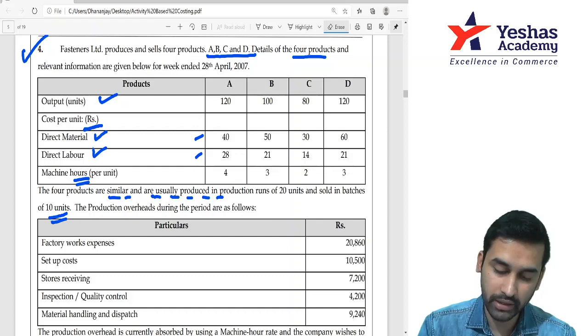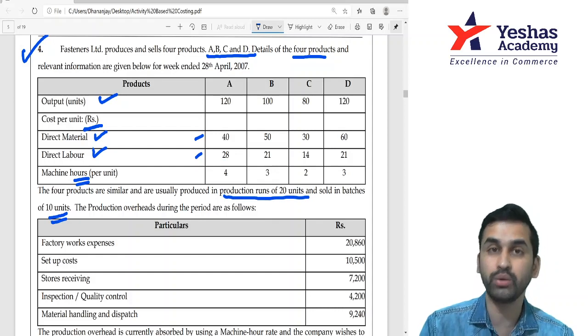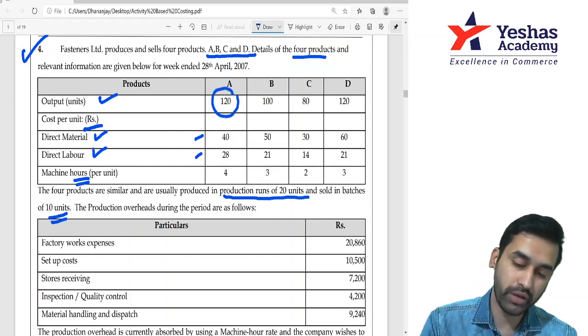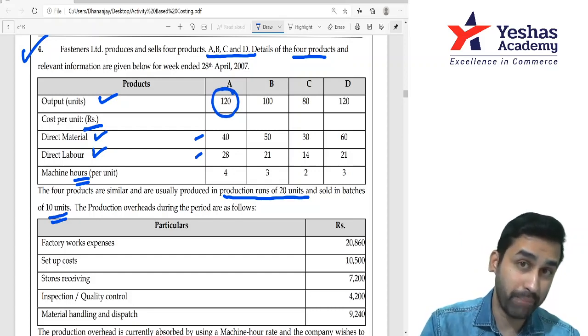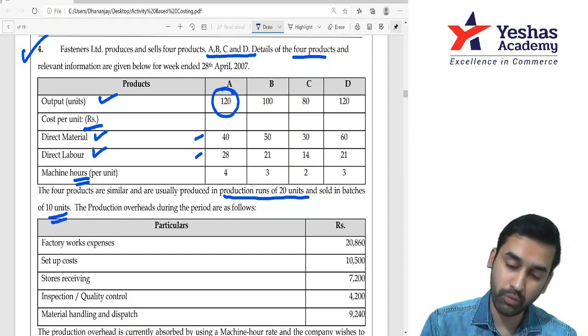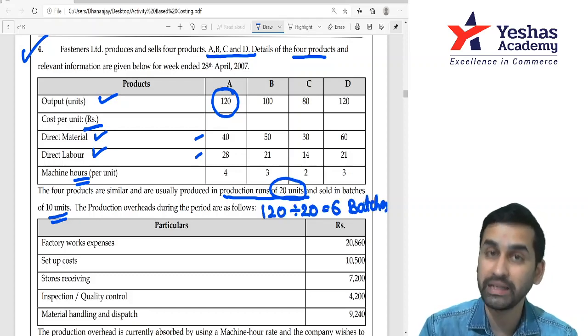They are saying these products are similar and you are producing them in a batch of 20 units. How many units of A do you want to produce? 120. How many batches? Sir, in one batch you can produce 20 units. That means 120 units by 20 units. You will have to do 6 batches.